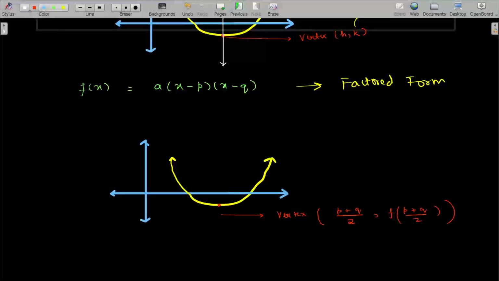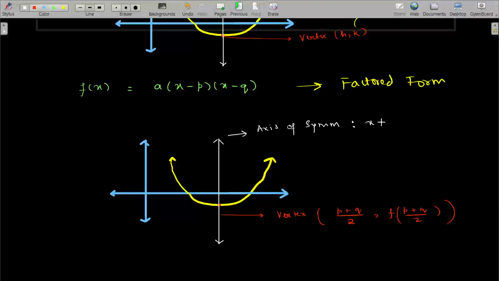So now can you tell me the equation of the axis of symmetry? That would be x equals p plus q over 2.